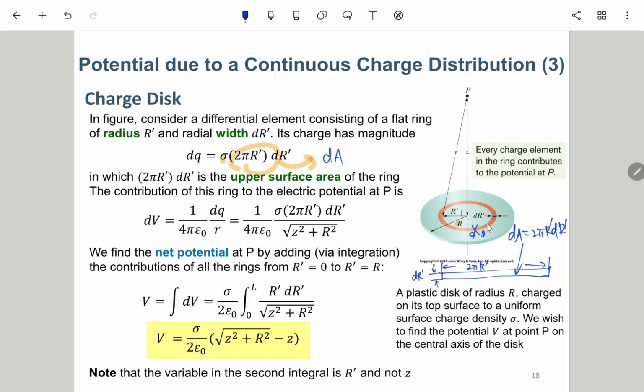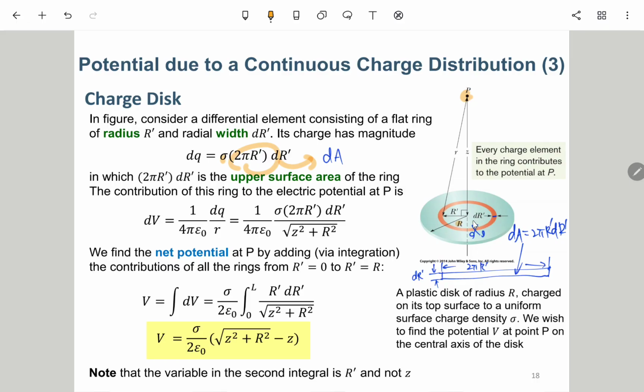Actually we want to find dV, the potential at that point P generated by this ring. The good news is that the distance from this point P to the whole ring is a constant.